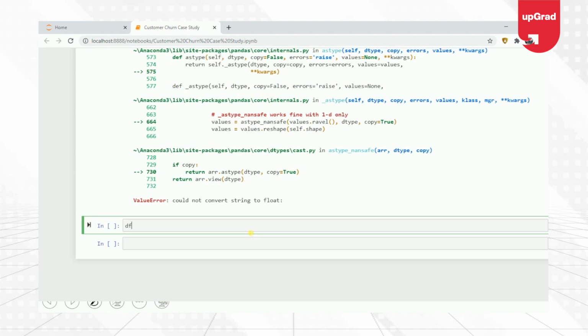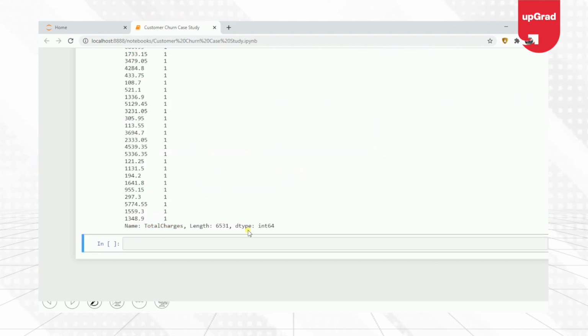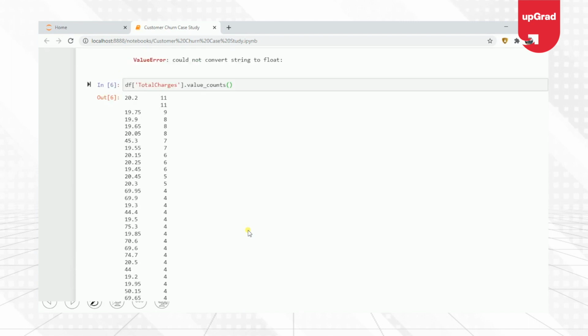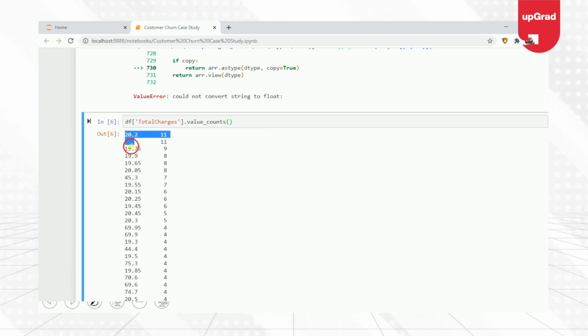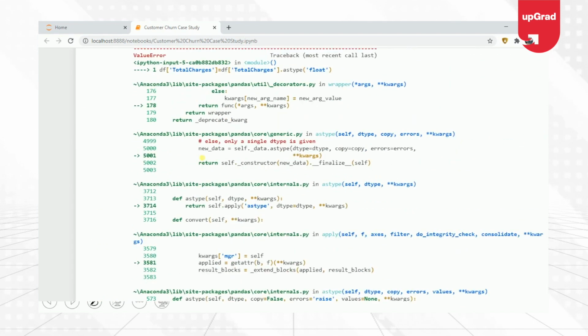We can easily determine it by the value counts method. You can see that there are some missing values, a total of 11, and the astype function is not able to convert these missing values into float type. This is the reason for the error in the previous code.